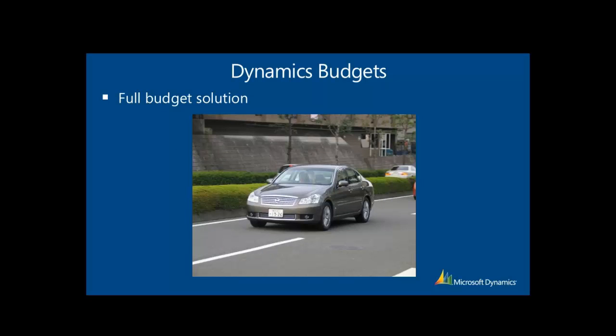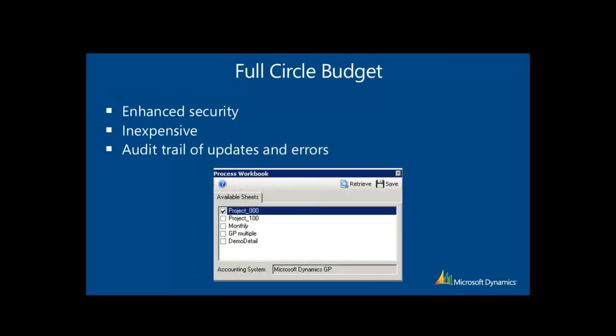Anybody have any specific questions you want to ask? Oh, I didn't mention the audit stuff. Sorry, let me back up one. The audit trails and updates are important too, because what happens is I send Darren a budget, and in the process, Darren puts his stuff in, and he's a really bright guy, but he's not all that conscientious sometimes. And so he makes a mistake and deletes a bunch of stuff that I've put in there.